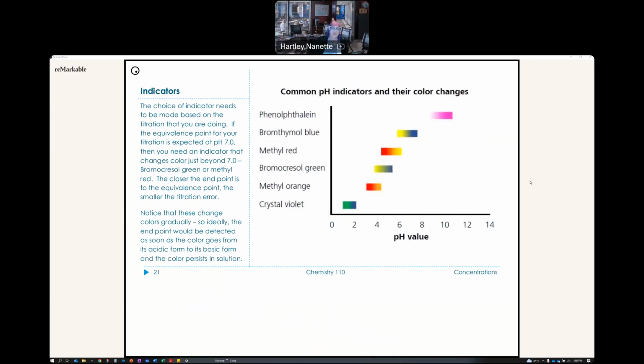The other thing is that this may happen very far away from the endpoint that you're trying to detect. So if your endpoint actually happens like right here, and you have to pick an indicator for that, the best choice you've got is this one.